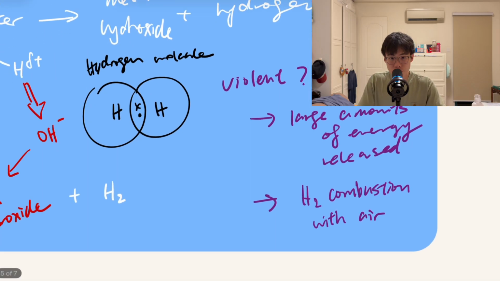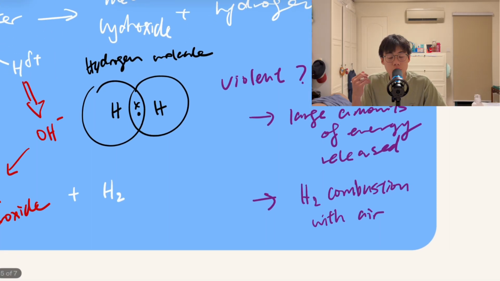And as you move down group 1, the reaction becomes more and more violent. And the reason for this is because the size of the atom increases. There are more protons, more electrons as you move down, because atomic number increases, which is how the periodic table is arranged. And therefore, the distance between the outermost electron and the positively charged nucleus is further away.